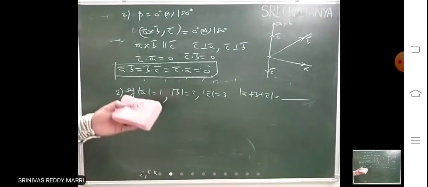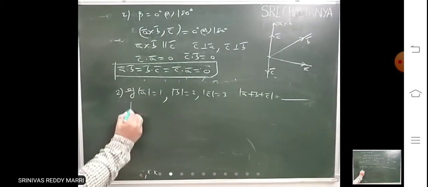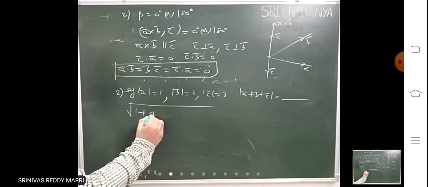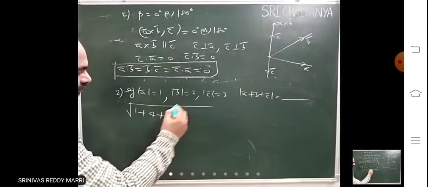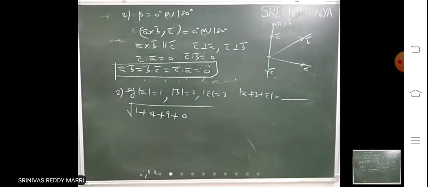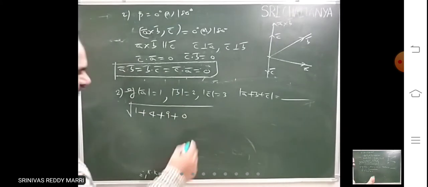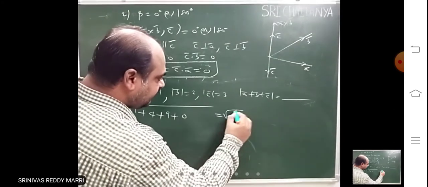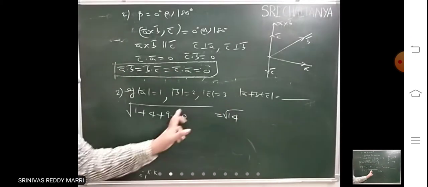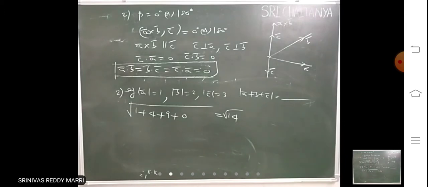Now you can calculate: this is root of modulus A bar square 1, modulus B bar square 4, modulus C bar square 9, plus 2 into A dot B plus B dot C plus C dot A, which is 0. That means this value is root 14. First you have to evaluate this condition. That means they will be perpendicular vectors. Then you can calculate this one. Like that.